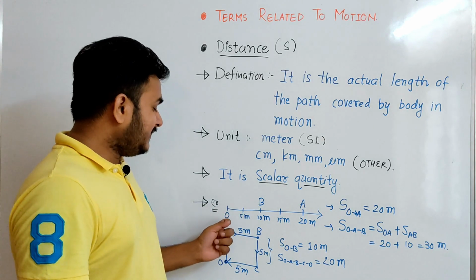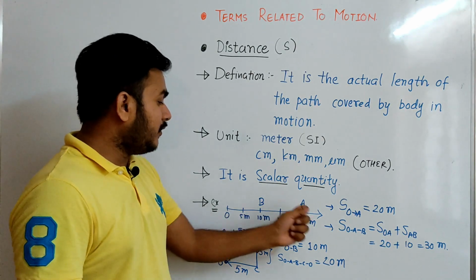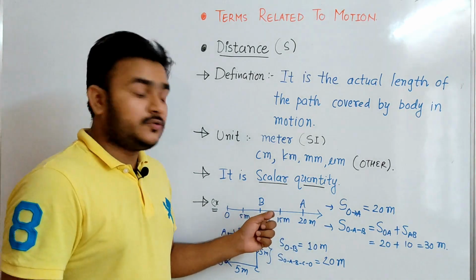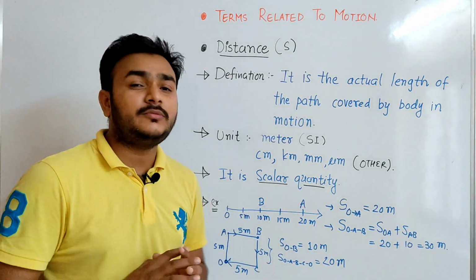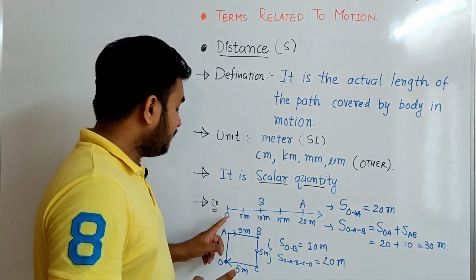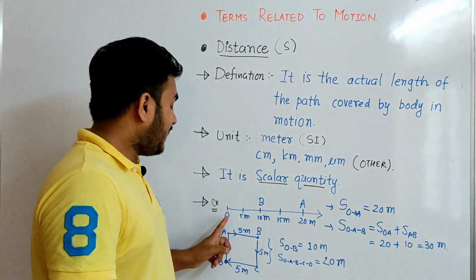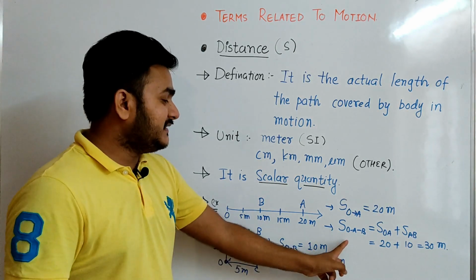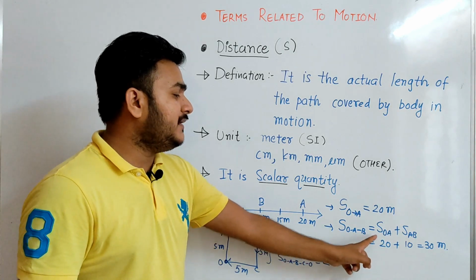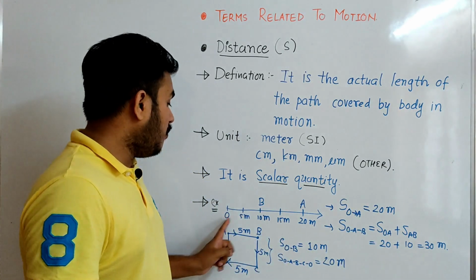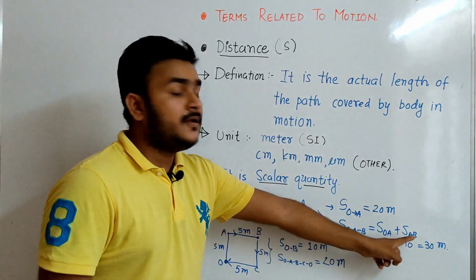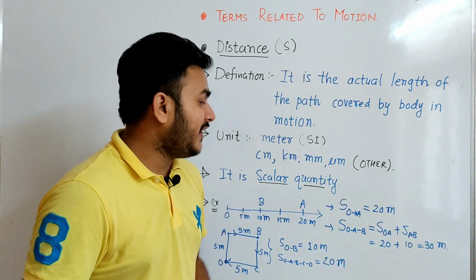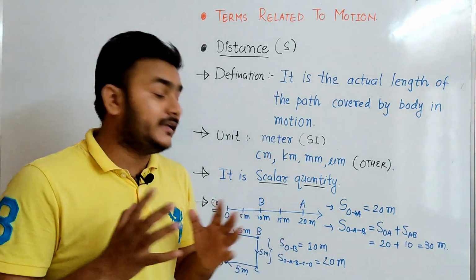Now consider the same body going from O to A to B. Then the total length of the path, that is the distance traveled from O to B, is given by S_OAB, that is the distance from O to A plus the distance from A to B. So S_OA + S_AB = 20 + 10 = 30 meter.